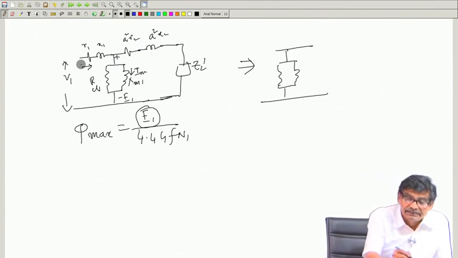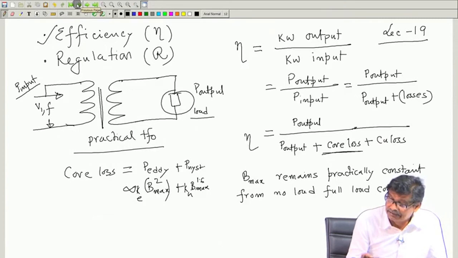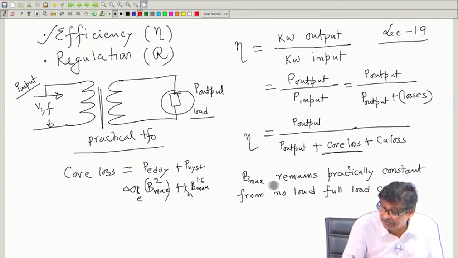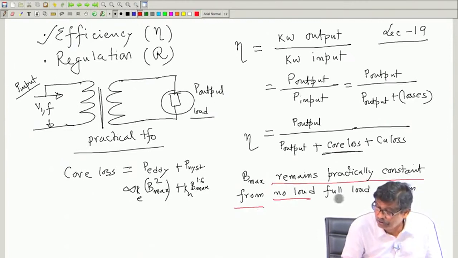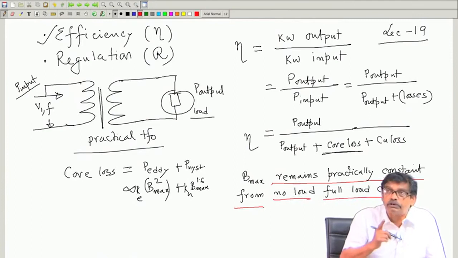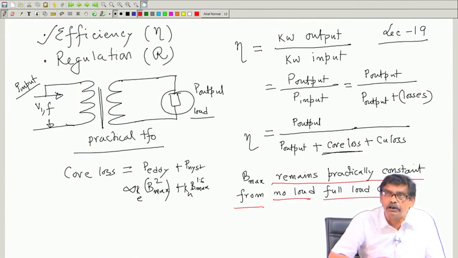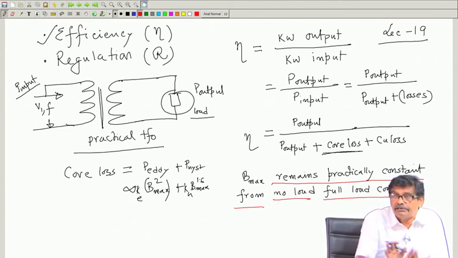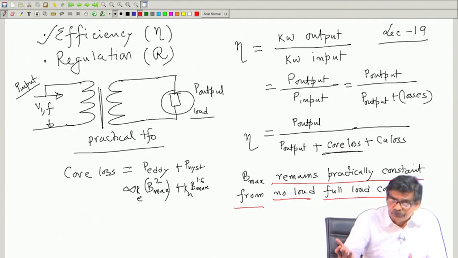So, the assumption is that B max remains practically constant from no load to full load condition. Full load condition, as you must have understood now, is when the coils carry rated current and the applied voltage is rated at rated frequency. So, flux is almost rated from no load to full load.